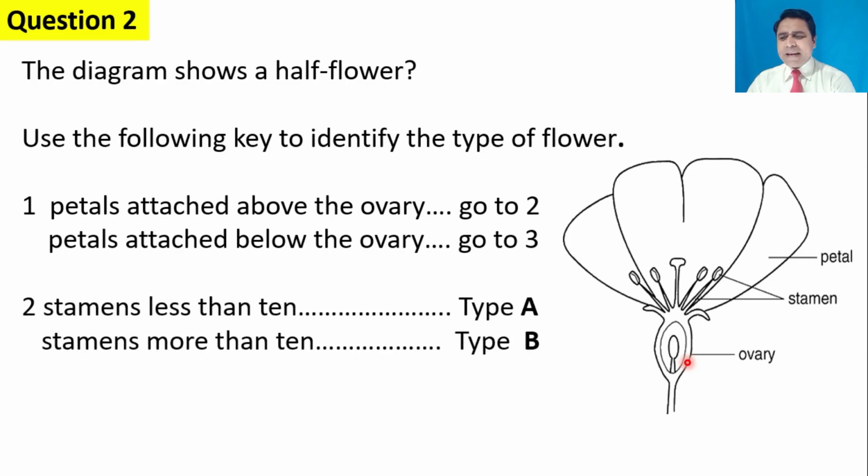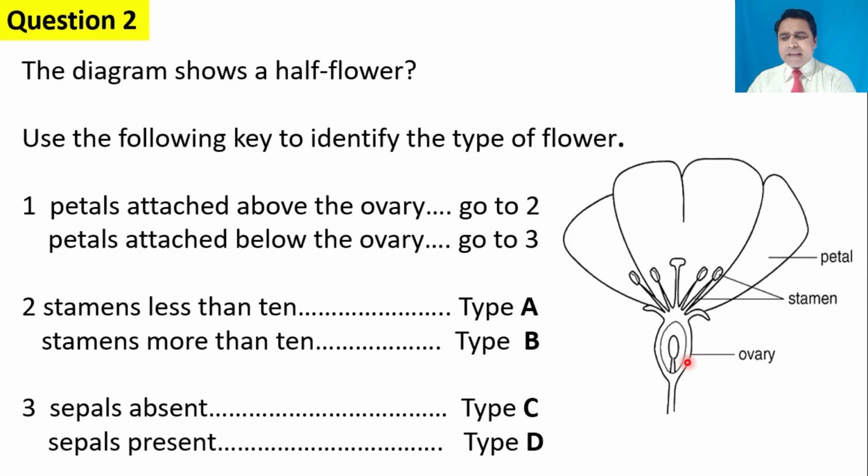Stamens less than 10, type A. Stamens more than 10, type B. Sepals absent, type C. Sepals present, type 2. Petals are attached above the ovary, so we will go to 2. This is 2. There are 2 options. Stamens less than 10.